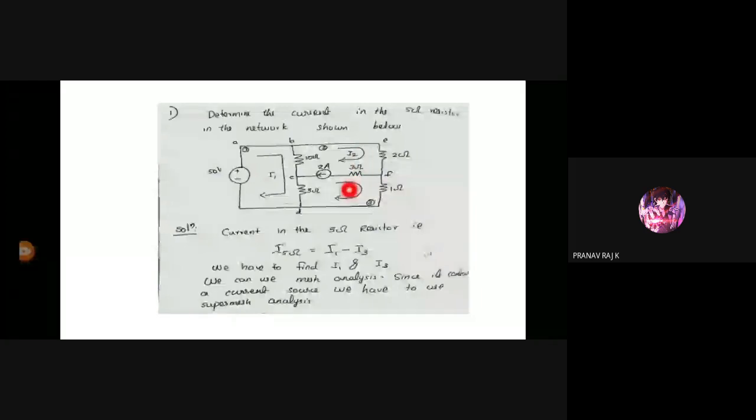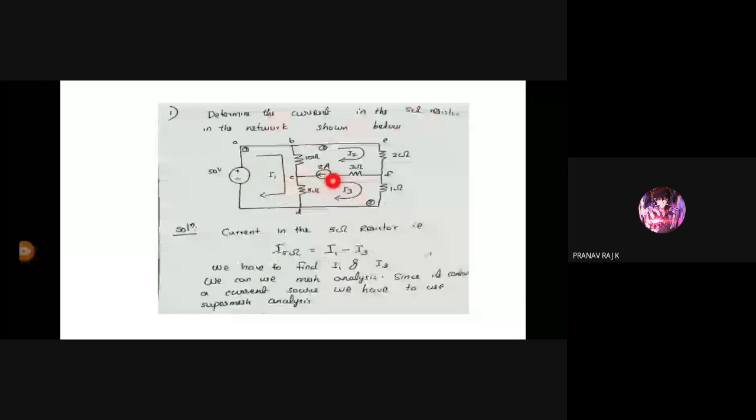So you can write the equation for the current through the 3 ohm branch. Actually, we are not considering 3 ohm, we are considering 5 ohm. You are asked to find the current through the 5 ohm resistor. The current through the 5 ohm is equal to I1 minus I3, or it may be I3 minus I1.